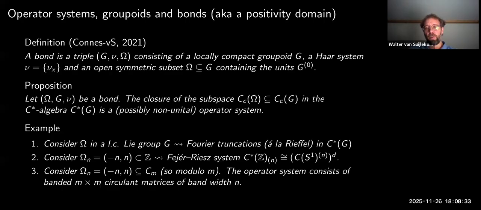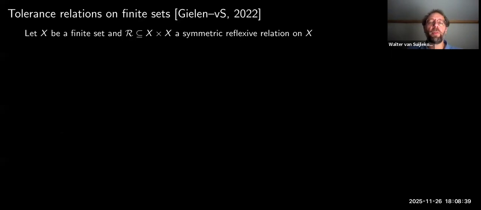One case which is actually the model for what is to come, the infinite dimensional version, is if you take a finite set and a relation which is symmetric and reflexive. Then you can do the same thing, but since it's a finite set, the groupoid C-star algebra will just be matrices.